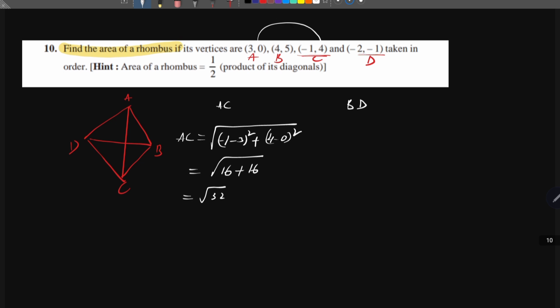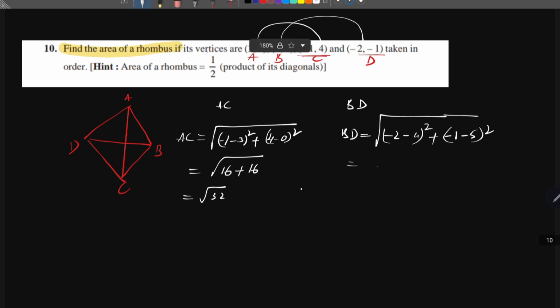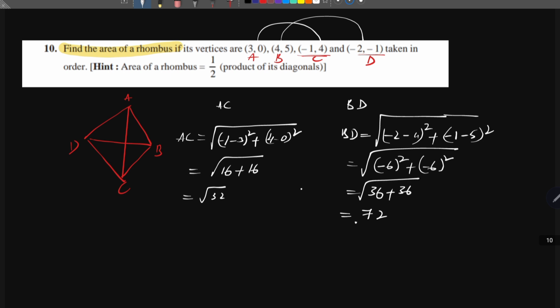Okay, then BD is equal to, again a distance formula, BD means these both locations, so square root of x2 minus x1, minus 2 minus 4, whole square, plus y2 minus y1, minus 1 minus 5, whole square. Okay, then minus 2 minus 4 means minus 6, minus 6 whole square plus again minus 6 whole square, which gives 36 plus 36. Square root of 36 plus 36, root 72.